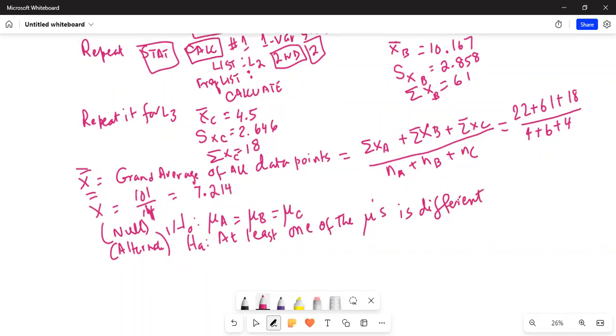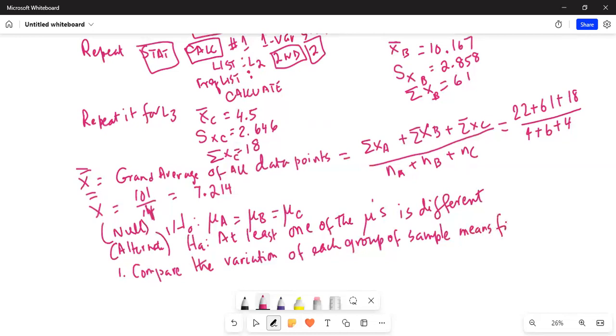Now, in order to compare the means, we will compare basically the variances. So the first thing we will do is compare the variations of each group of sample means from the grand mean.